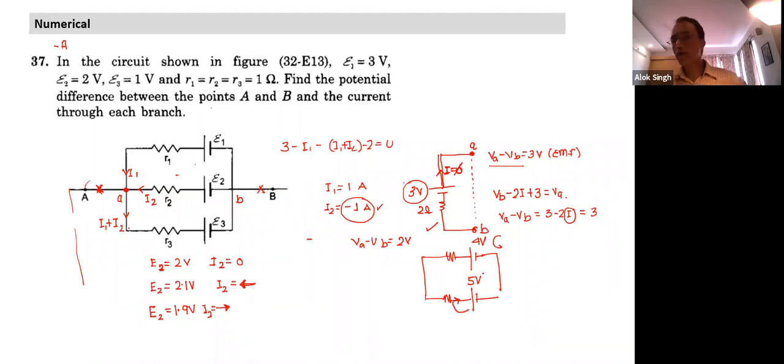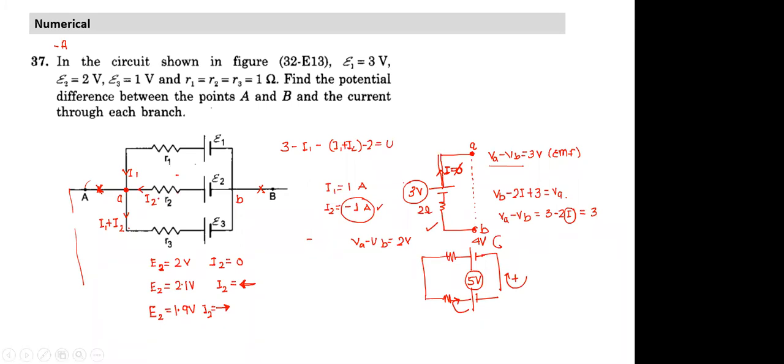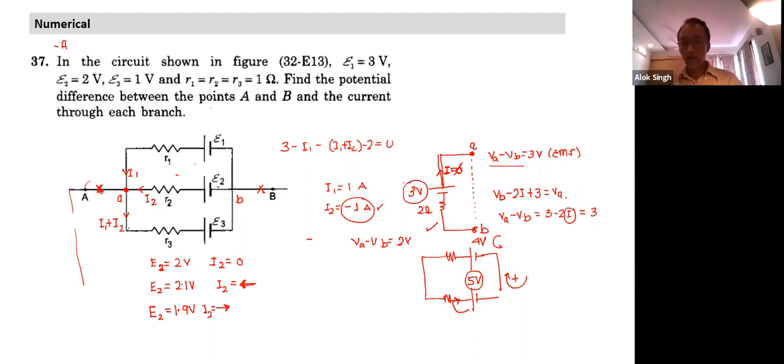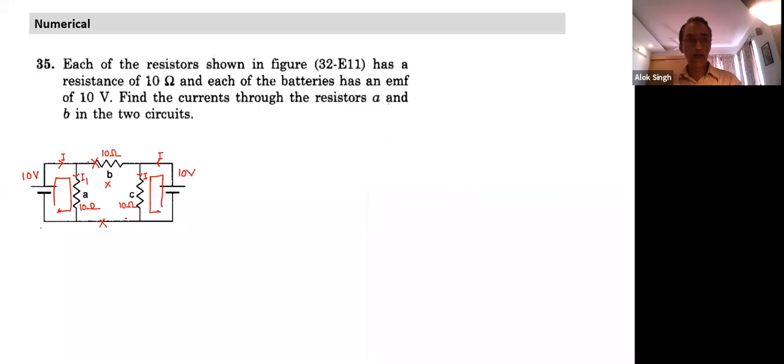Which is more dominant? 4V is more dominant. So the resultant current will be in the clockwise direction, which you can calculate even from the loop rule. In a single loop, I can find the dominant current based on whichever battery has the larger EMF. But when such double loops are there, it's not easy to tell. But this is something I will try to give an intuitive understanding of. In the previous case also they have given a question why this battery loop is zero.